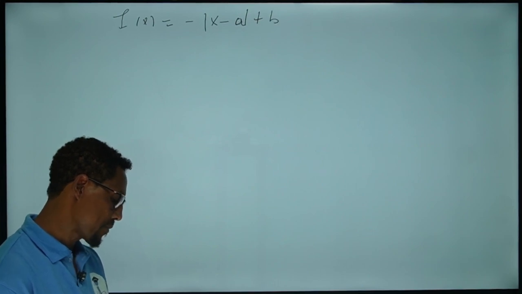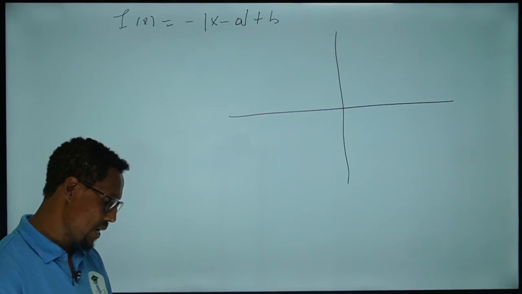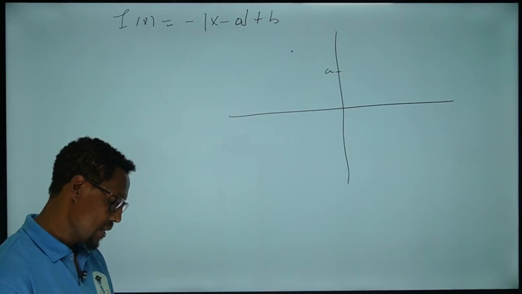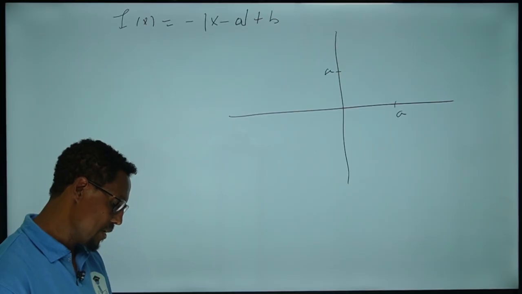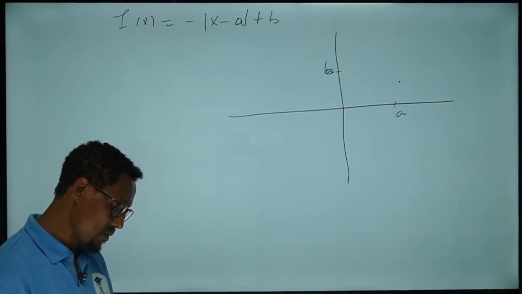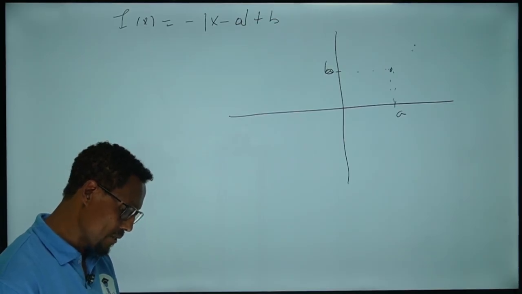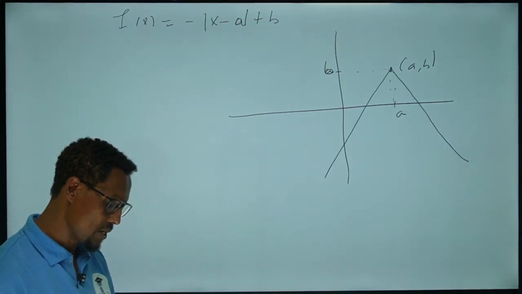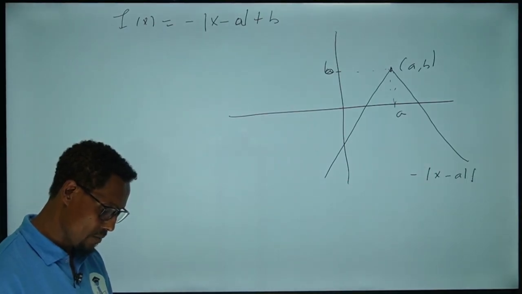What kind of graph is this? It is downward because of the negative sign. So it has moved a units to the right and b units up. So this point, a comma b, is the vertex. Again, it is downward. Okay, so this is the absolute value of minus of x minus a, plus b.